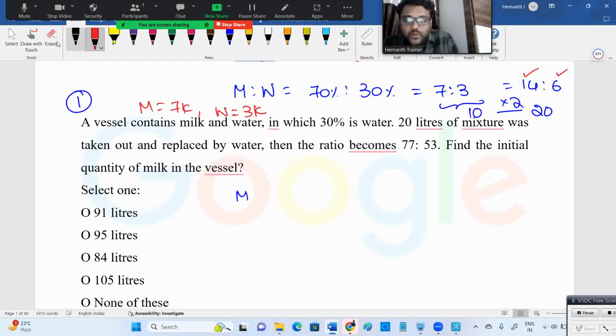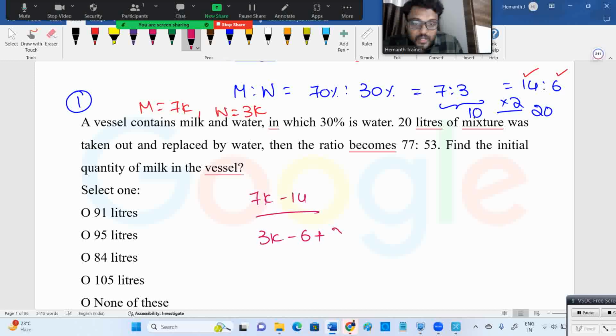Now, among that, you have taken 14 liters of milk and 6 liters of water, and replaced with water. You remove 20 and you are adding 20, but you are adding 20 liters of water.